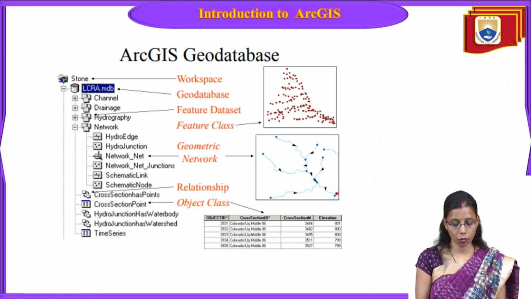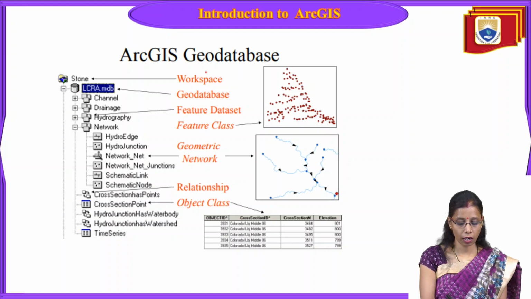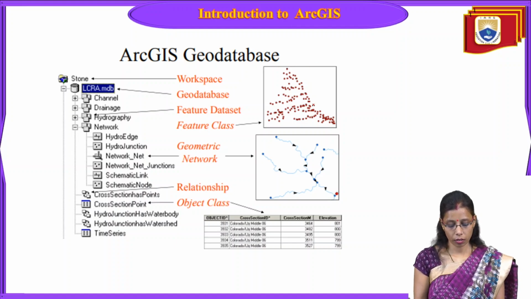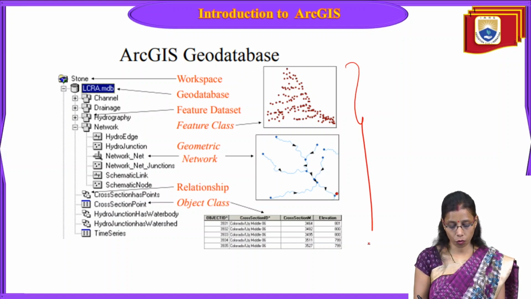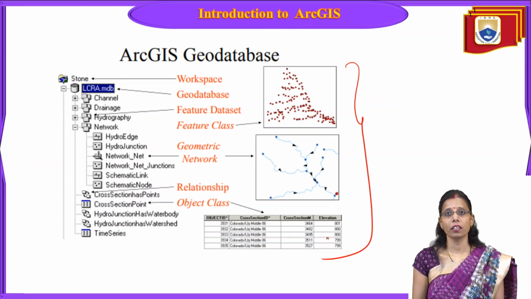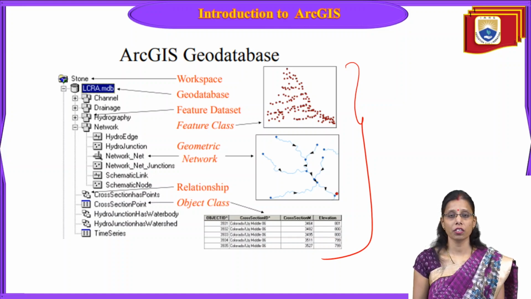Now this is one more piece of information about ArcGIS: the ArcGIS geodatabase. The geodatabase means all the huge amount of data which is stored in the software, stored in ArcGIS itself. As in the first slide I showed you, ArcCatalog, ArcMap and ArcToolbox. ArcCatalog and ArcMap are the two places where the data is stored.